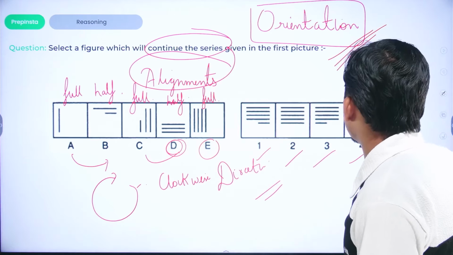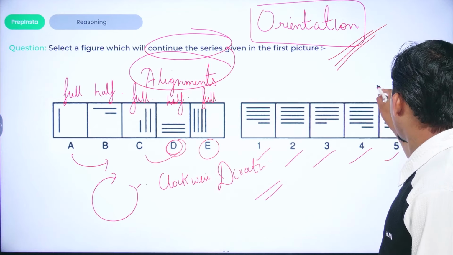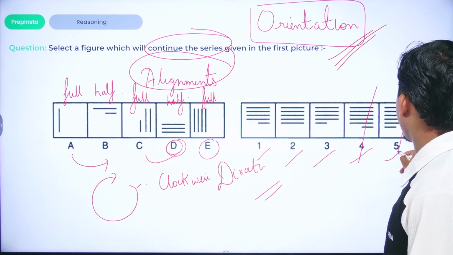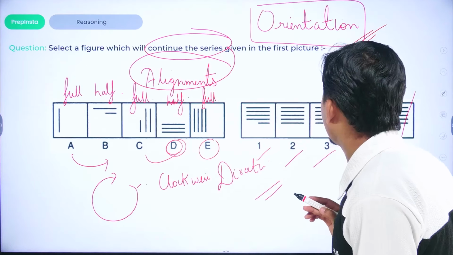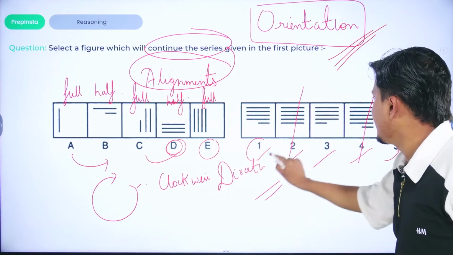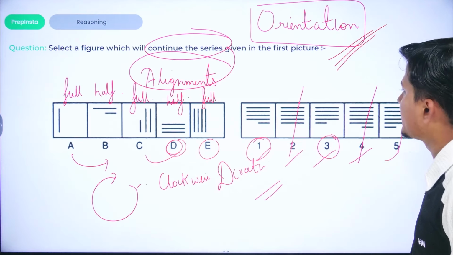Got it? So we are left with options 1, 2, 3, 4. This option would be eliminated. This option would be eliminated. Right? 1, 2, 3, 4, 5. This option would be eliminated. We are left with 2 options, that is 1 or 3. Now comes the alignment part.